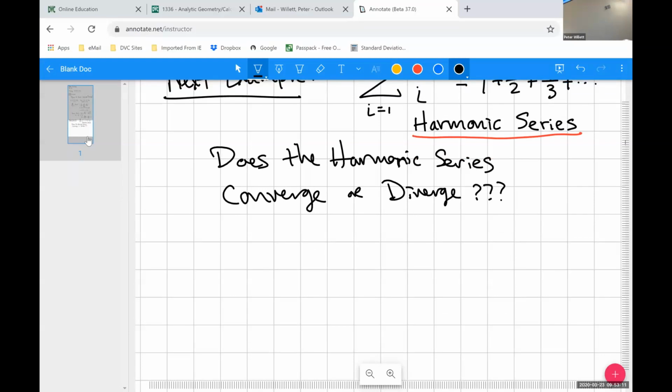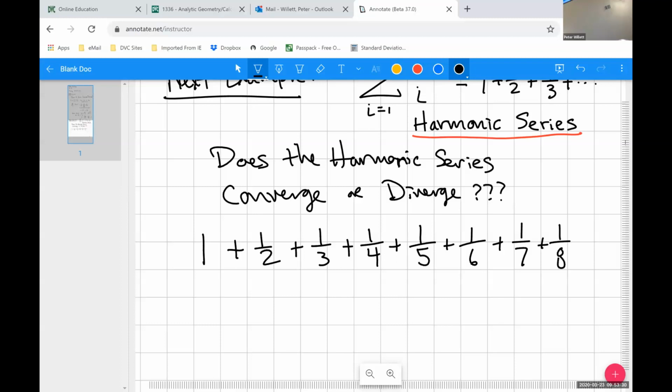So here's what the series looks like: 1 plus 1/2 plus 1/3 plus 1/4 plus 1/5 plus 1/6 plus 1/7 plus 1/8, etc. Now I'm going to consider regrouping this addition in ways where we can simplify it a little bit to explore the idea as to whether these numbers settle in on an answer or not.